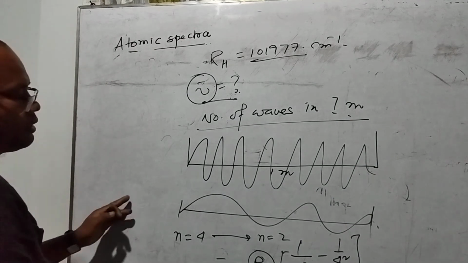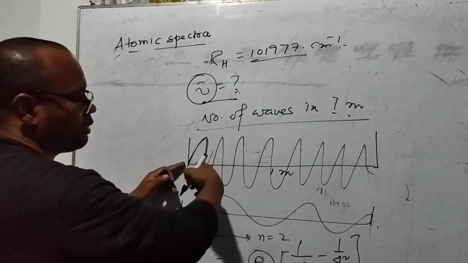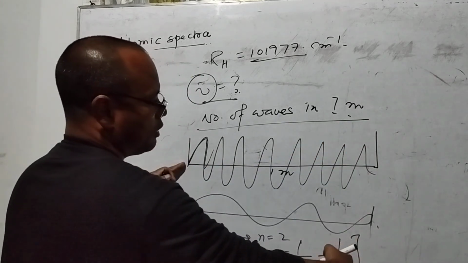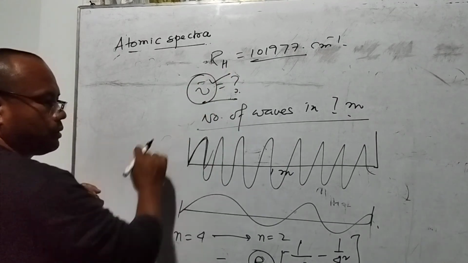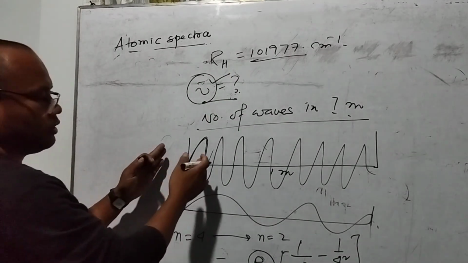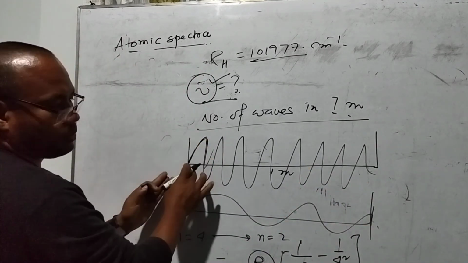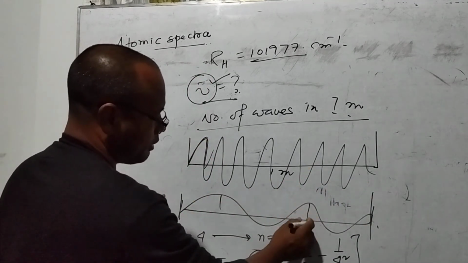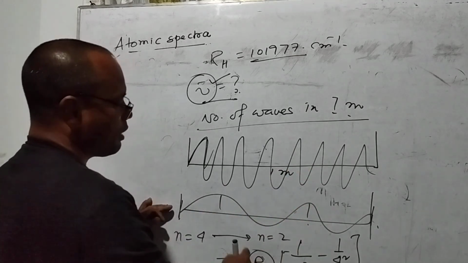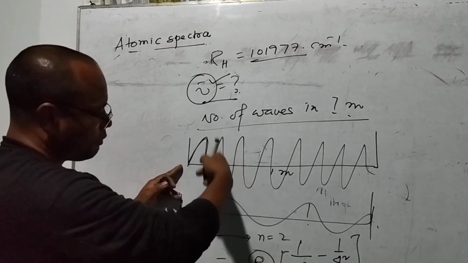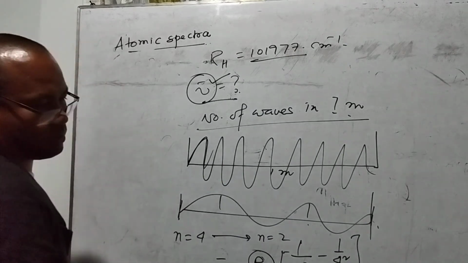So how many waves are traveling in 1 meter? That number of waves is what we call the wave number. For the longer wavelength, the number of waves is very small. For the shorter wavelength, the number of waves is the maximum in the same distance.